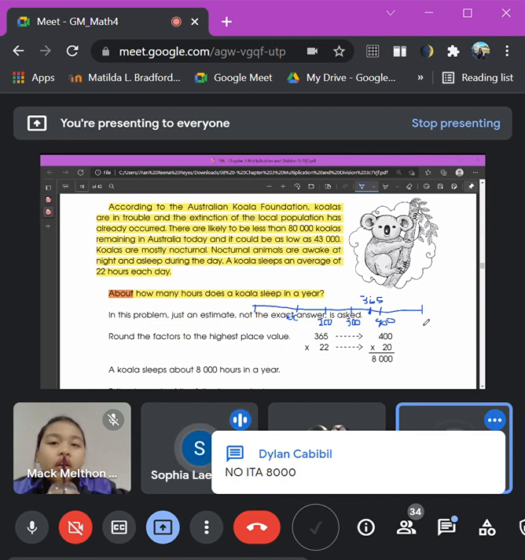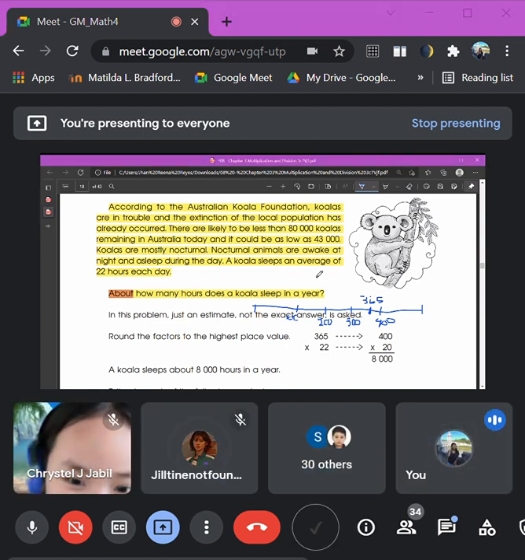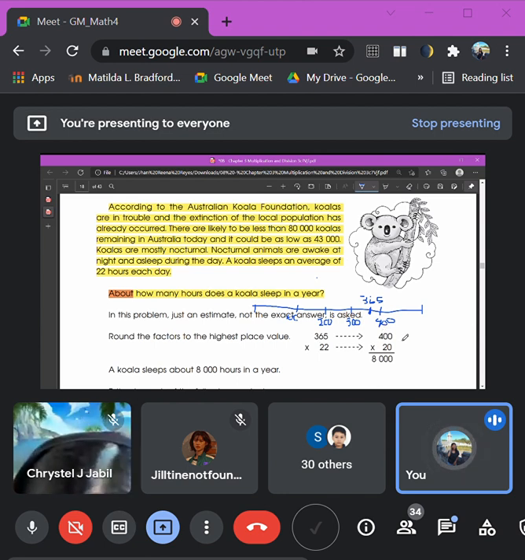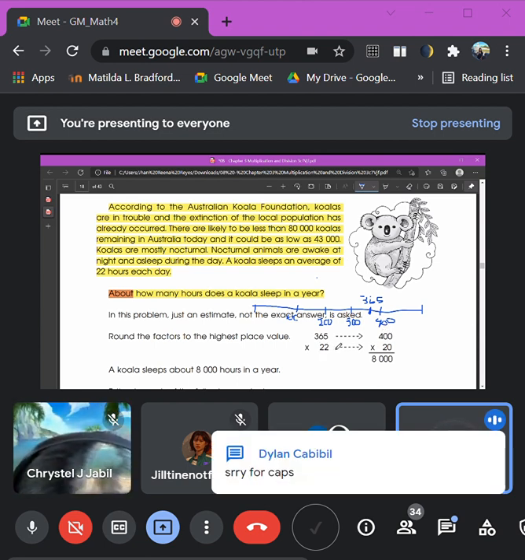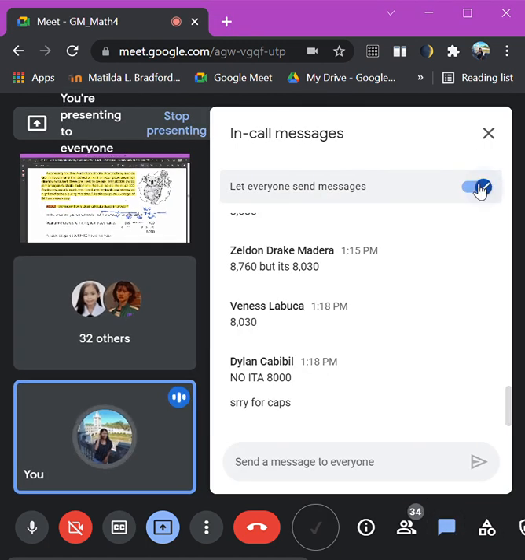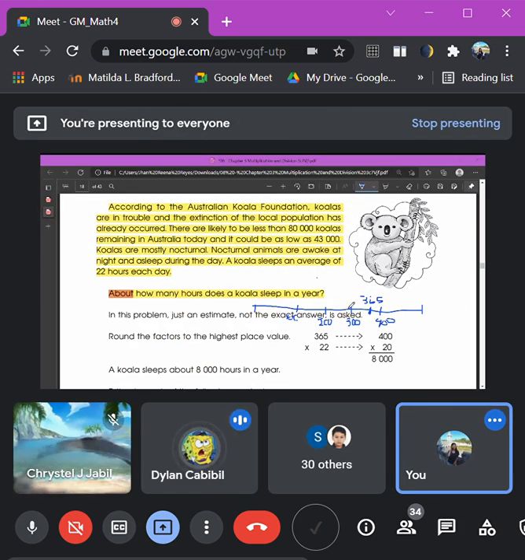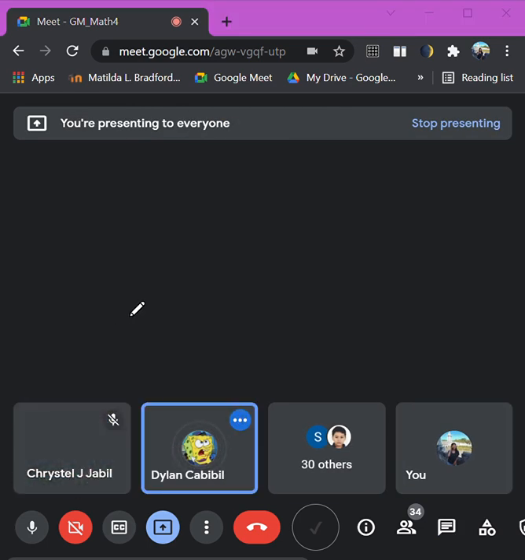Okay, understood? So here, since we already have 400, let us go to 22. Teacher, what is the 22? It is the 22 hours, class, since they sleep 22 hours each day. So we multiply, and the 22 we will also estimate. For example, if we have a number line here, this is 10, 20, and then 30.